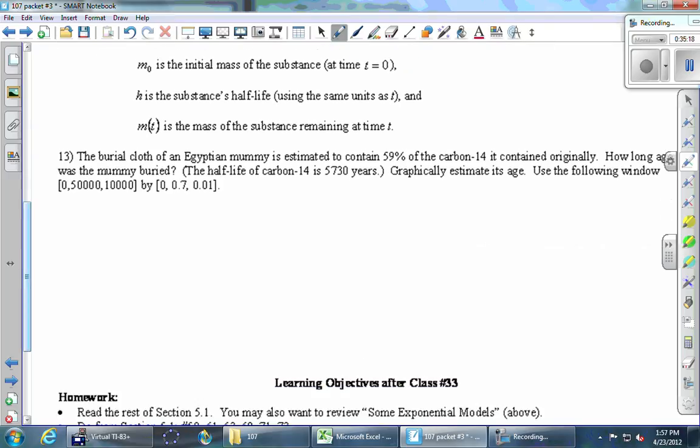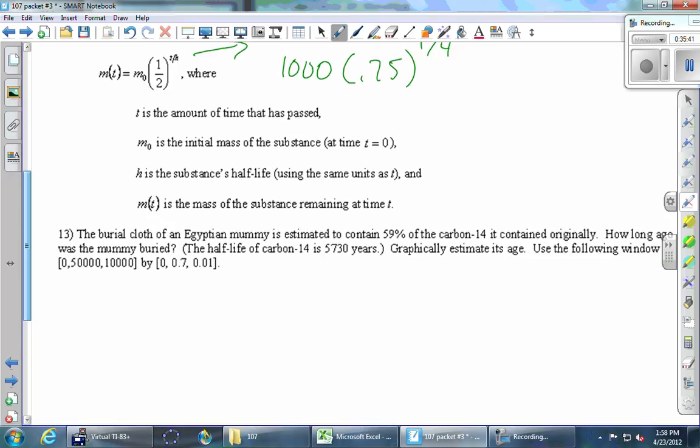All right, let's see if we can try 13. Okay, let's see if we can use the equation and then we'll answer some other stuff. Okay, it says today we have 59% of what we originally had.